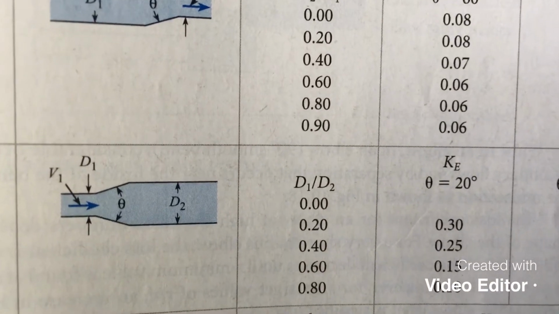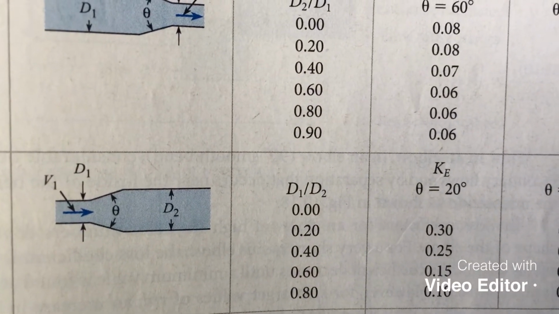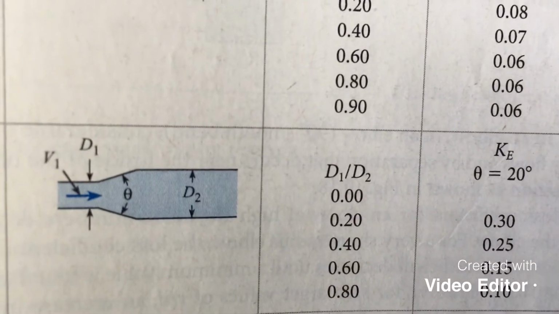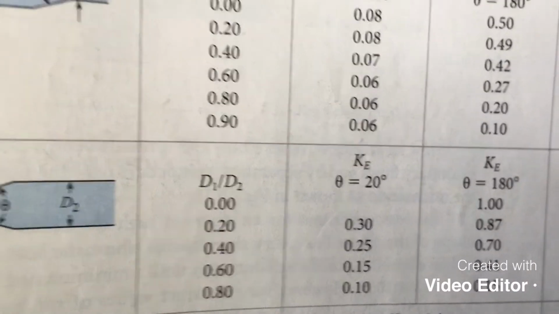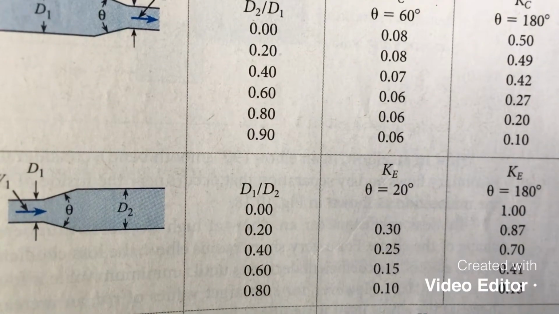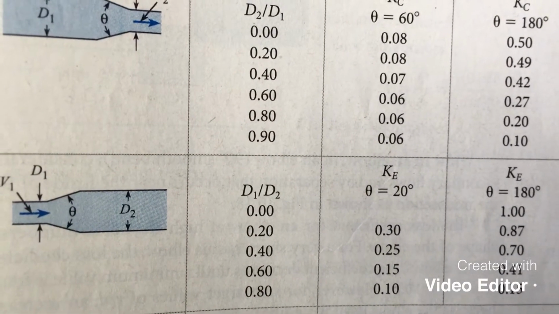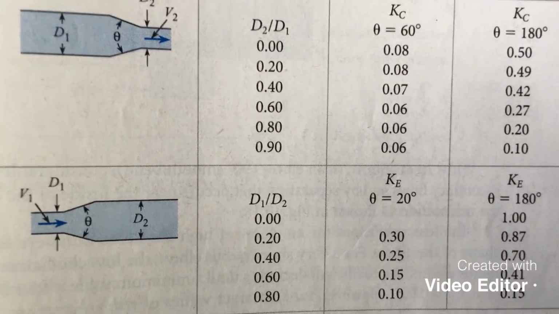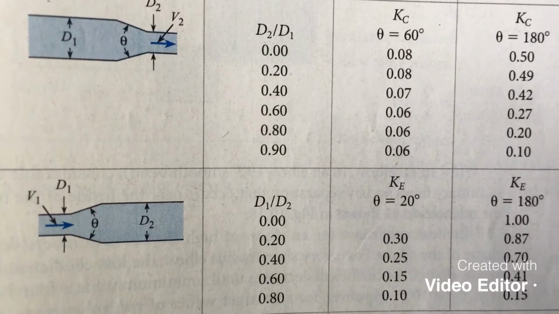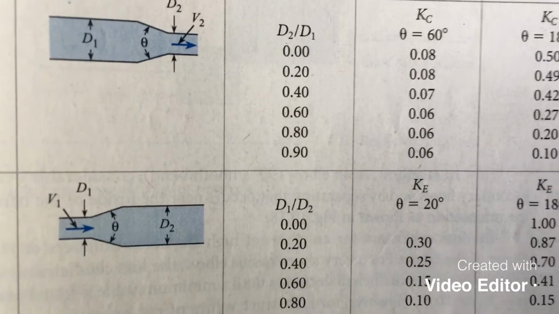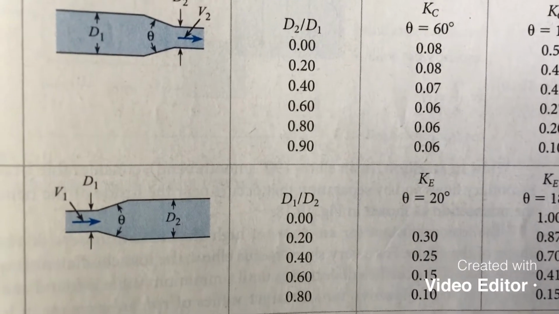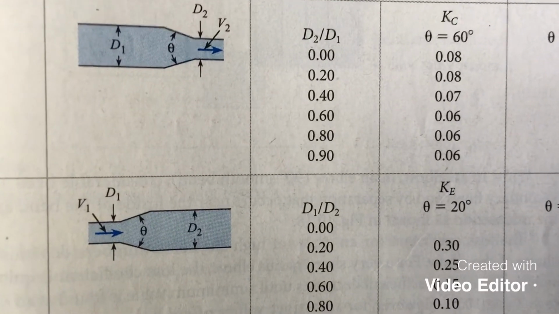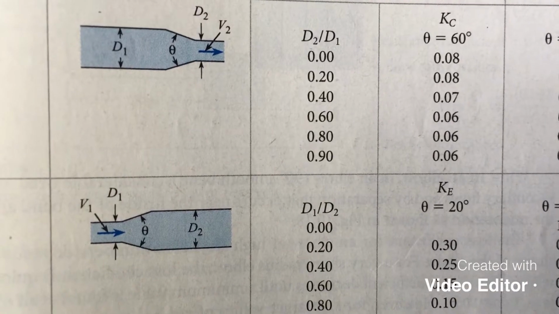I want to note here what d1 over d2 equals 0 means, the first data. d1 over d2 equal to 0 means d1 is infinitely small compared to d2, which is the situation of a pipe outlet to a reservoir. The reservoir diameter is treated as infinitely large, so d1 over infinitely large will be 0.